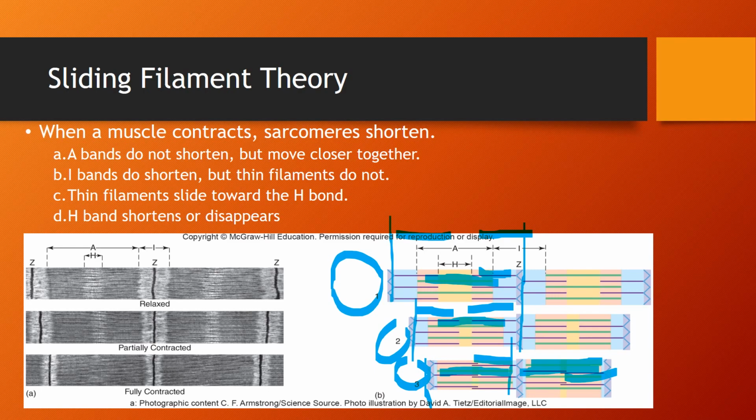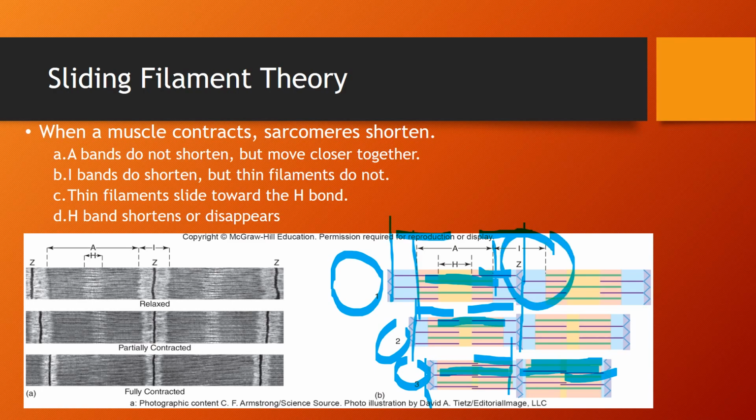Okay, and so the A bands, which what we have here is A band to A band, are going to remain the same in length during contraction, but are going to be pulled toward the origin of the muscle. The adjacent A bands then are going to be pulled closer together, as the I bands between them shorten.